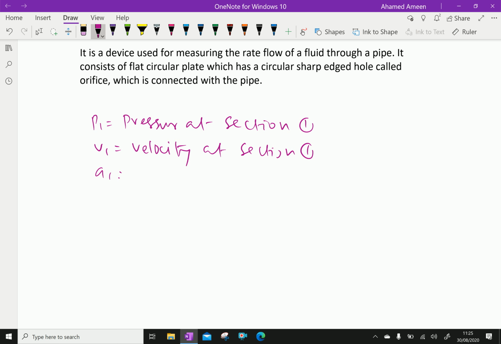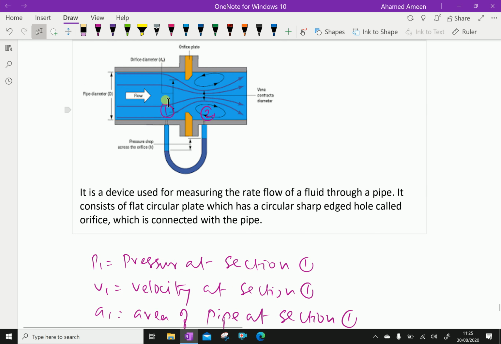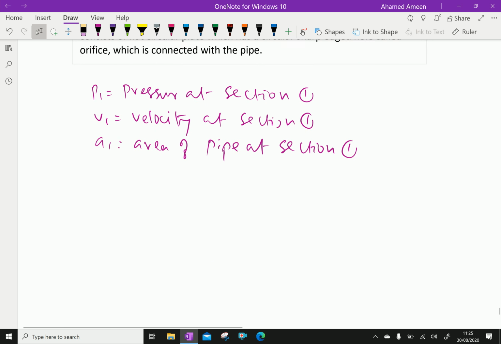A1 equals the area of the pipe at section 1, the cross-sectional area of the pipe here.